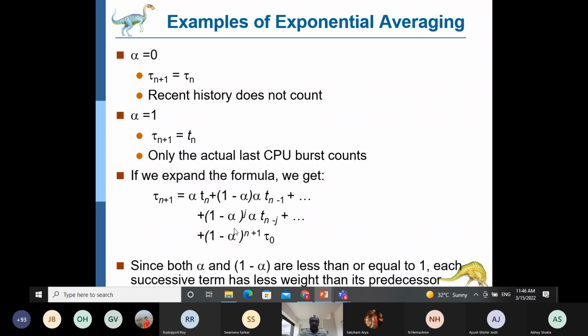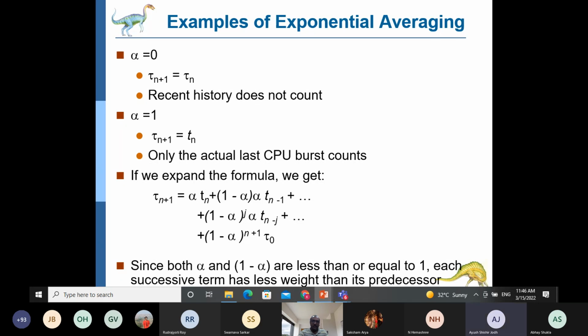When you expand that, you can see that the successive terms are multiplications, like alpha multiplied by 1 minus alpha, then 1 minus alpha whole power j, and so on. Since alpha is between 0 and 1, these weighting factors will reduce further as you go from recent history to the past; as you go far and far, the weightage will be less.